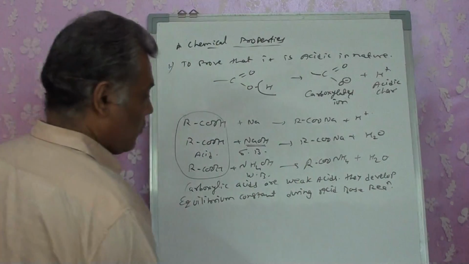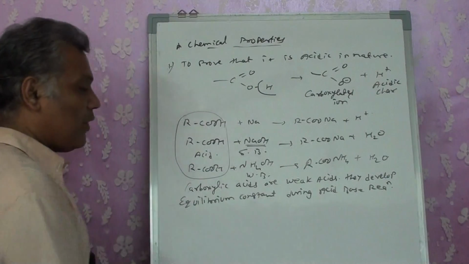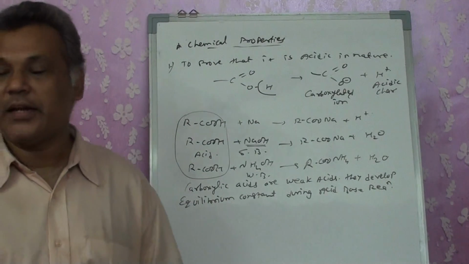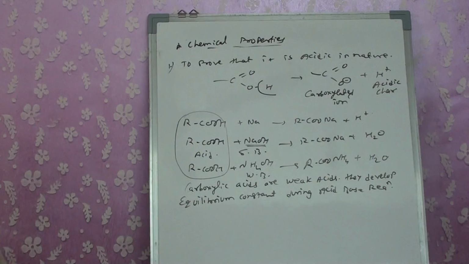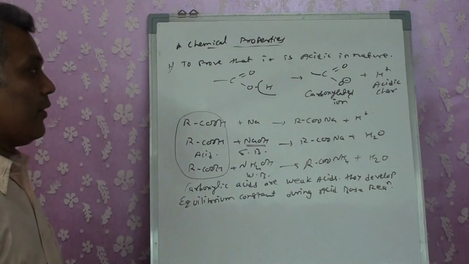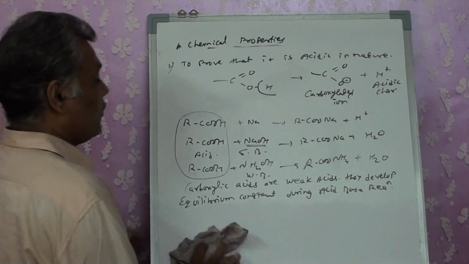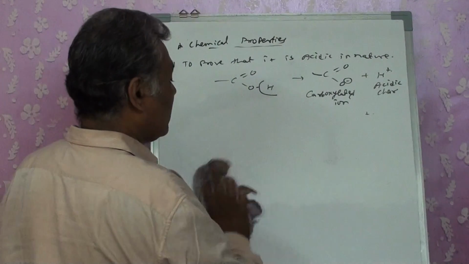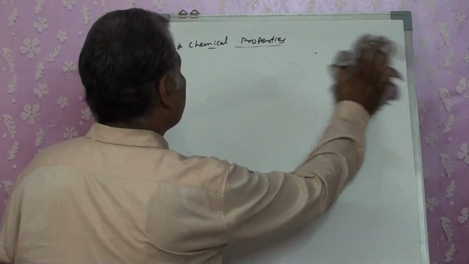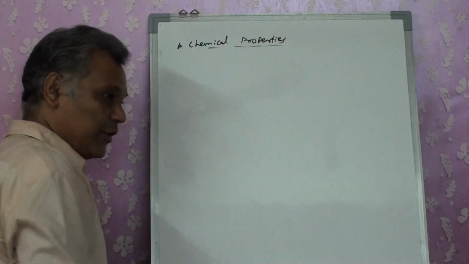Right? Now, how much? If they are weak acids, then is the acidic character of each and every carboxylic acid the same? Yeah, you cannot say that they are the same. We will be getting different acidic strengths. So, how to identify the acidic strength?